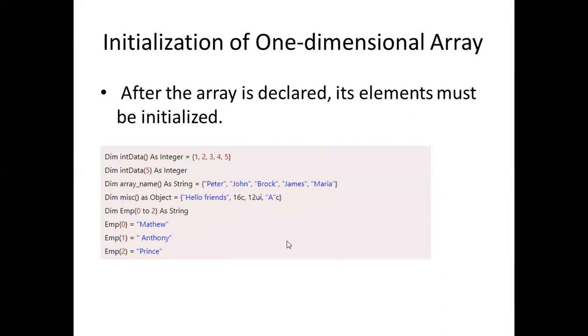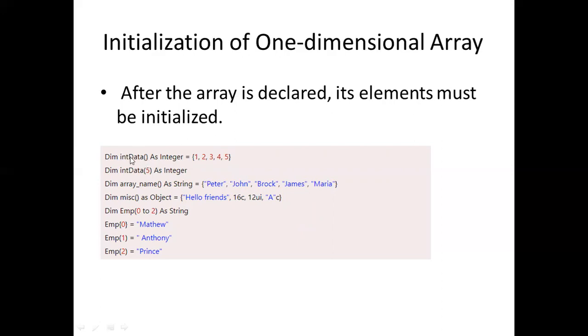So this is how you can declare and initialize. You need to start with a declaration, like this is a declaration saying Dim data as Integer. So this is the name of an array. How do you know that this is the name of an array? It's not a variable. It's because of these brackets here.